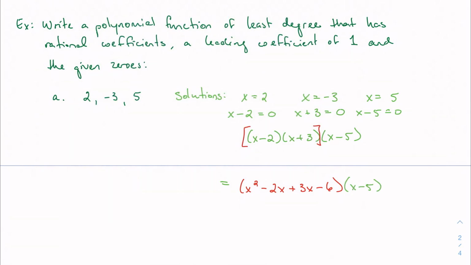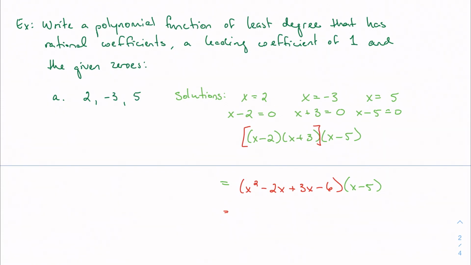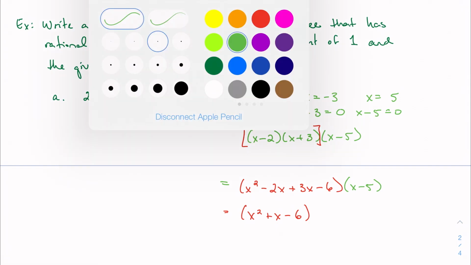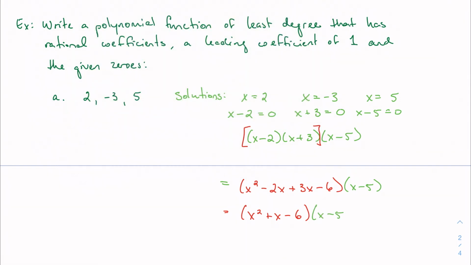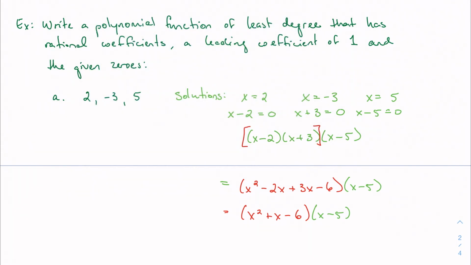So let's actually simplify this before we FOIL again. This is going to be x squared plus x minus 6. Now I'm going to FOIL again. Well, I guess it's not technically FOILing, because we have 3 terms in one factor and 2 in the other. So instead of remembering FOIL, I just like to remember that everybody gets a turn. Every pair gets a turn to be multiplied together.